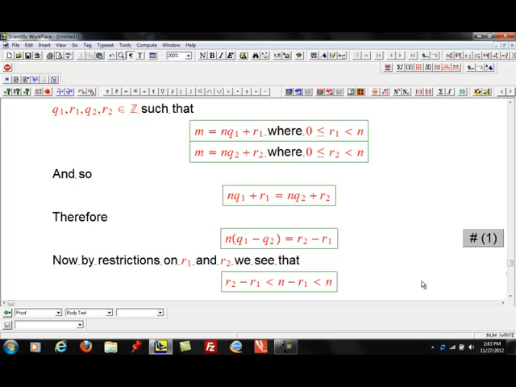If I knew this value over here was positive, then I'd have my contradiction. I'd have to say it's 0. If I knew it was bigger than or equal to 0, then the only option I could have is 0 here, because you can't have an integer multiple of n be a positive value between 0 and n.